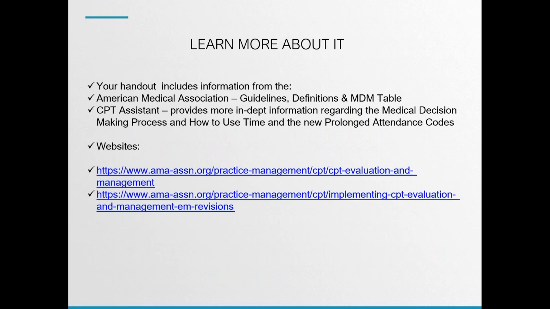And these are great links where you can go and download more information from the AMA. Stay updated with this information always to make sure that you have the most up-to-date information. And we do have a little bit of good news here. The conversion factor for 2021 did not decrease. They actually increased it, so you would see a nice bump up on some of the E&M codes.